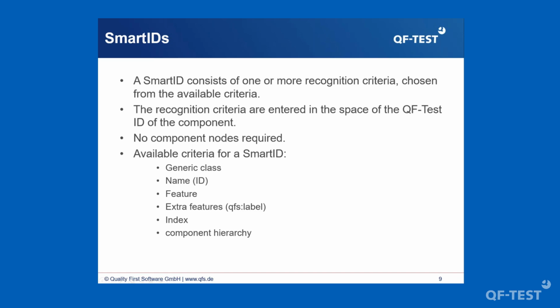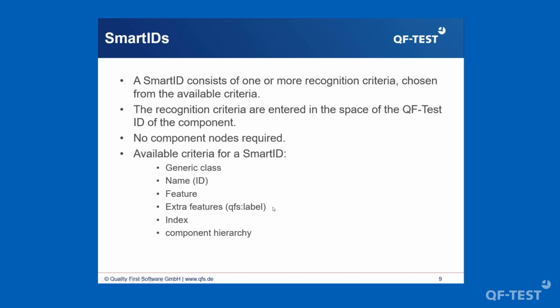And it can be either one criteria, like the name or the label, or the class, or it can be a combination. Yeah, so you have the class name, the feature field, then the QFS label and the extra features. And actually, you can use all the extra features that you find in the node if you recorded the component.